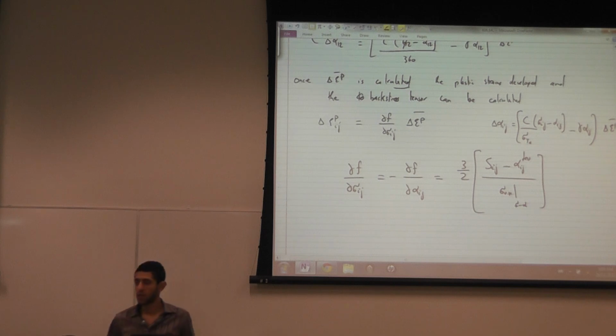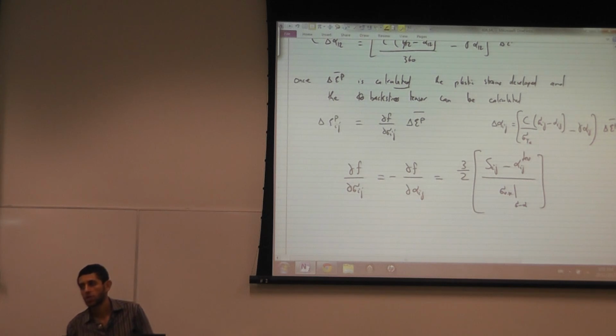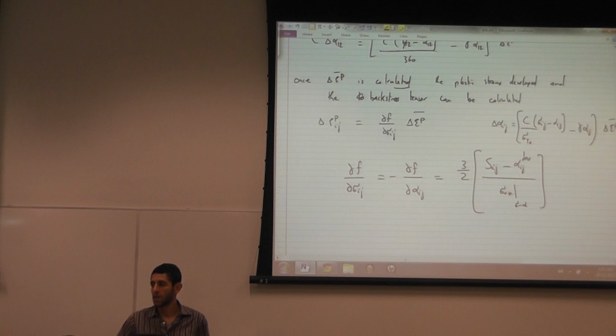So this is going to complicate your equations and you will not be able to explicitly integrate. And in the example in the notes, I integrated this numerically.